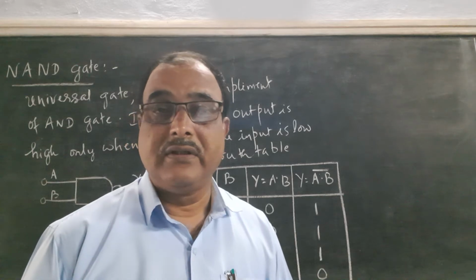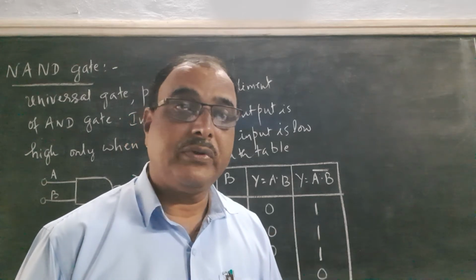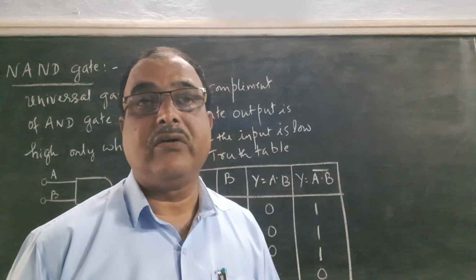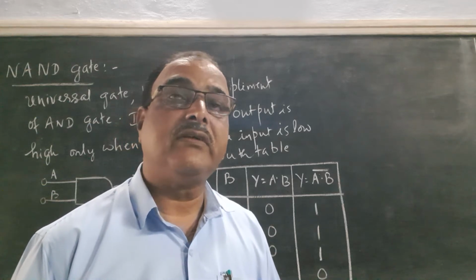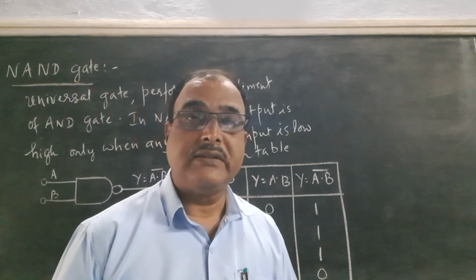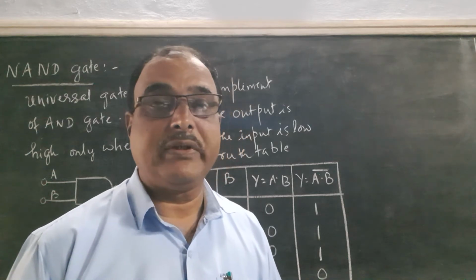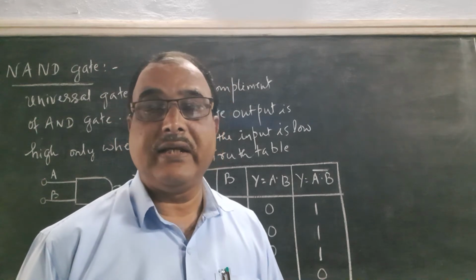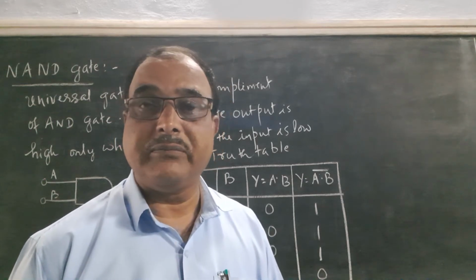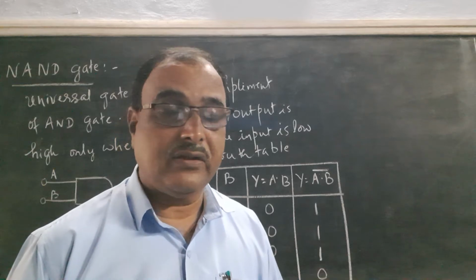That means if the input A is 1, then the output is low, and when the input is 0, the output is 1. This type of operation is called the negation operation. And you know that AND gate and OR gate are performing the multiplication and the addition operation.